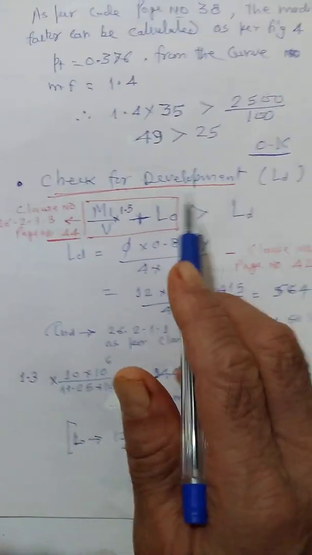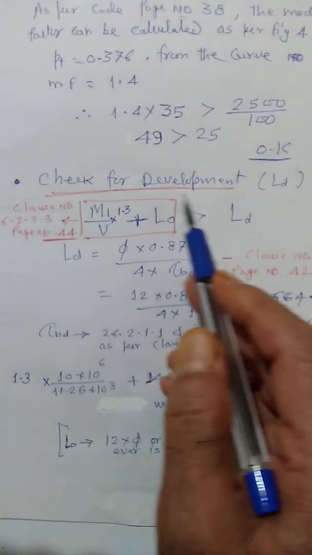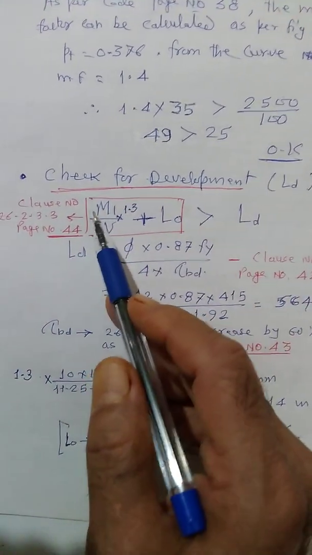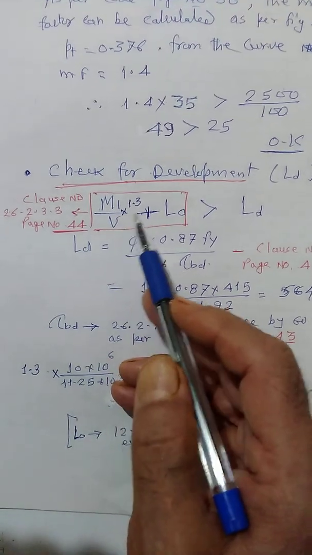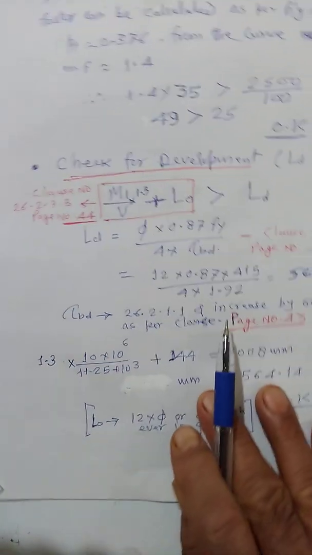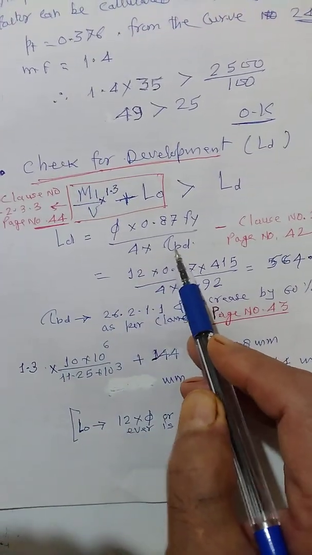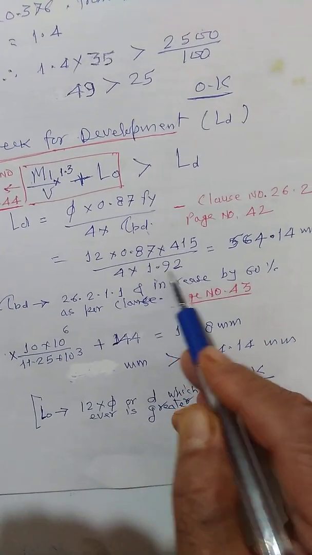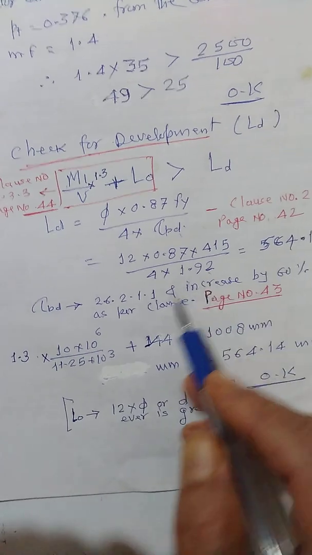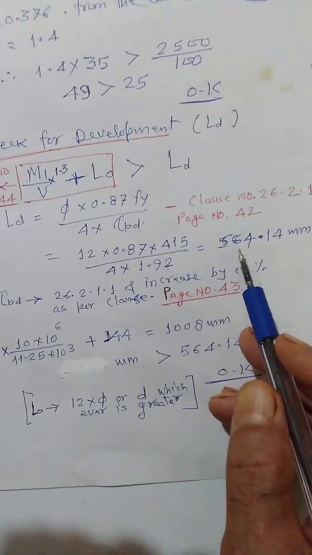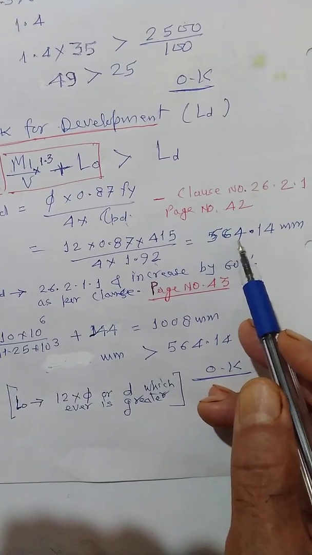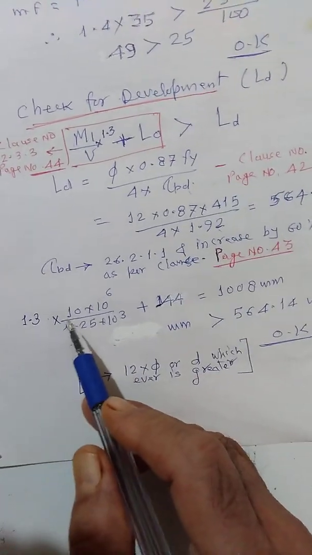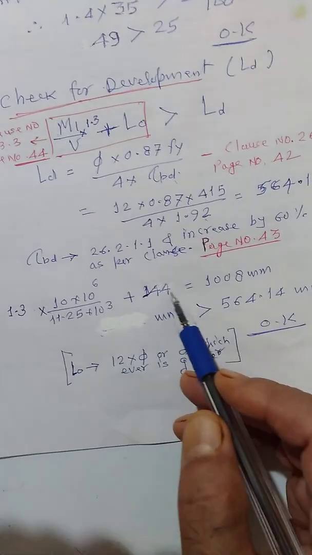Now the last check, the check for LD, that is development length. 1.3 times M1 upon V plus L0 should be greater than LD. LD will be given as over here. Tau bd is to be increased by 60%, so it comes out to be 1.92. Substituting the values, we get LD as 564.14 mm. Then substituting the values for M1 upon V and L0.